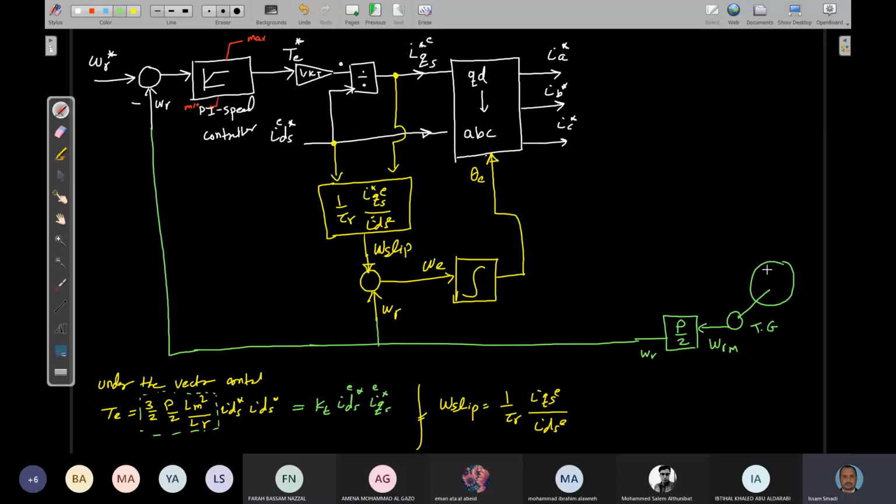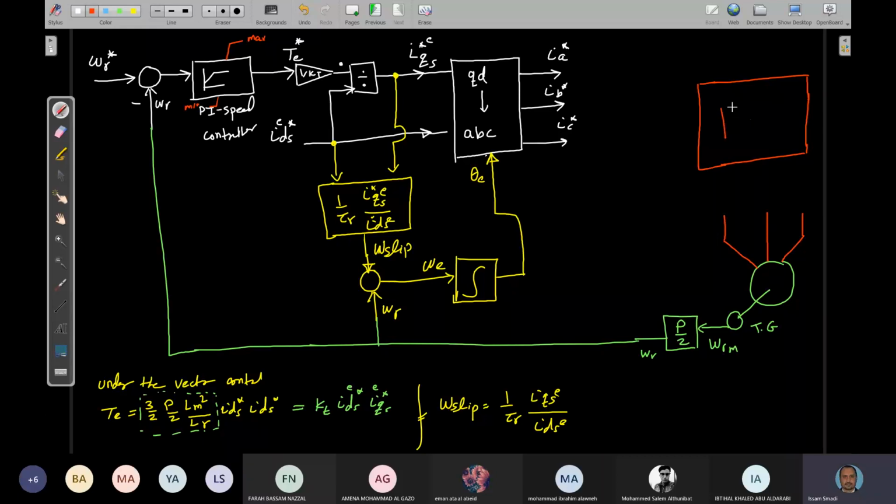Now the machine is fed by a three-phase system. In general, I need a converter in order to regulate the voltage.